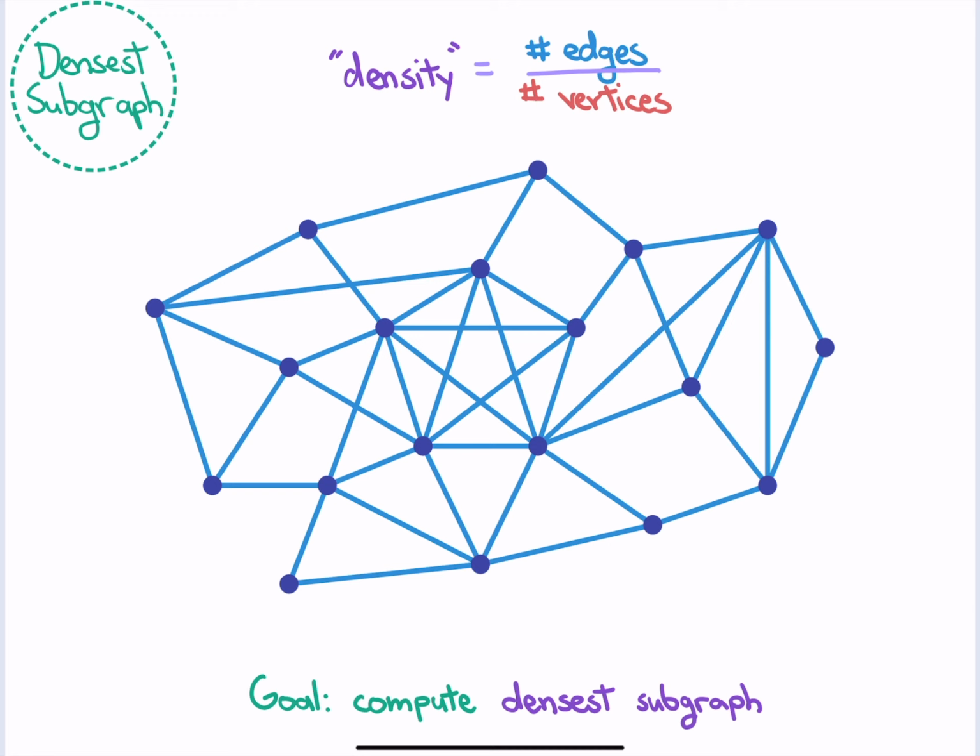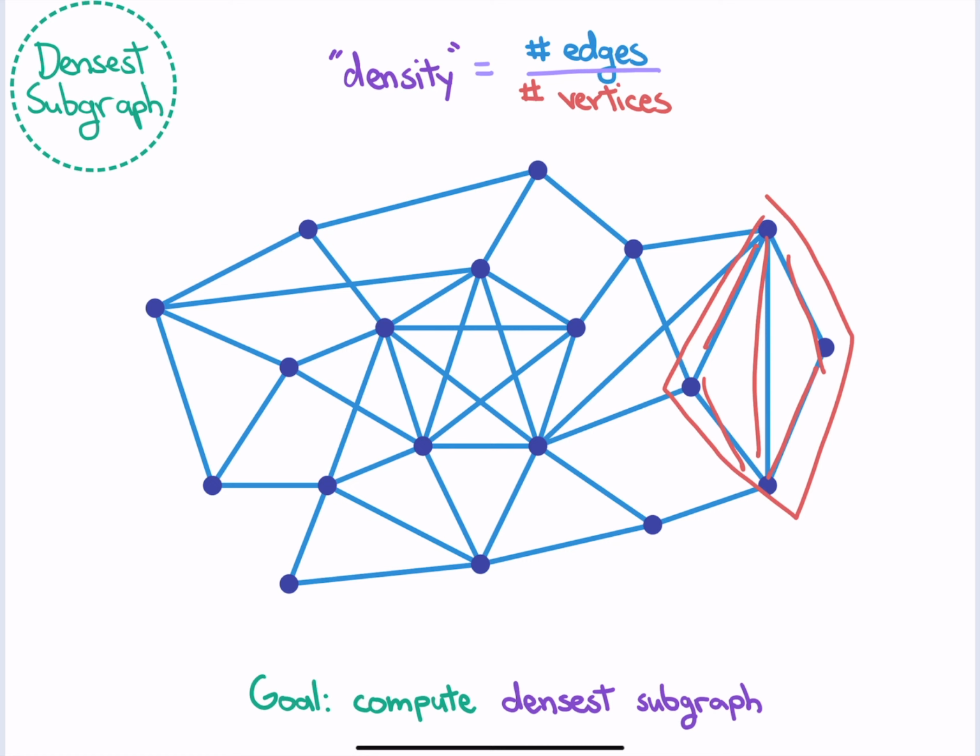If I looked at these 4 vertices on the right, and only at the edges contained in those 4 vertices, that's 1, 2, 3, 4, 5. The density of that subgraph is 5 divided by 4. There are 4 vertices and 5 edges. So the goal is to find the densest subgraph in the graph.